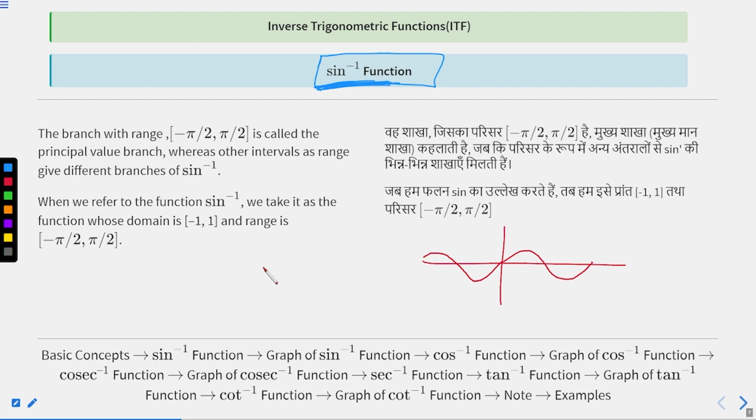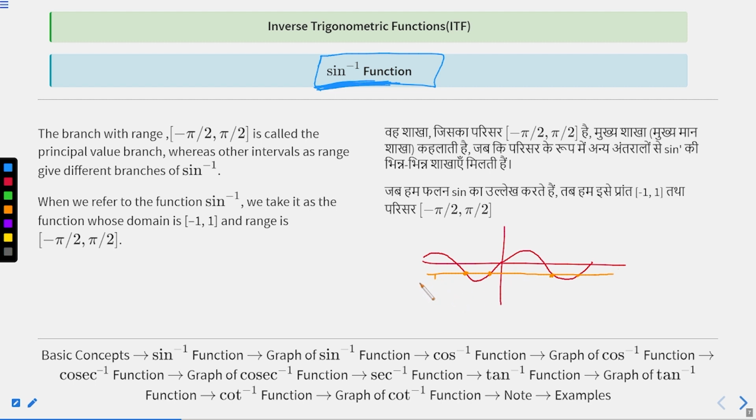If you perform the horizontal line test, as you can see, my horizontal line cuts the graph at 4 points, and if you extend the graph of sine x further, you will find infinitely many points where the line crosses the graph.